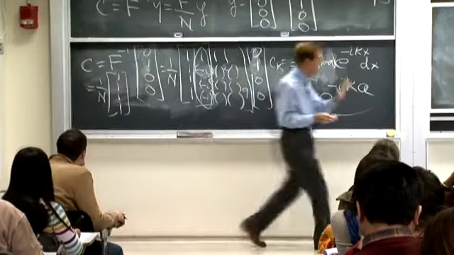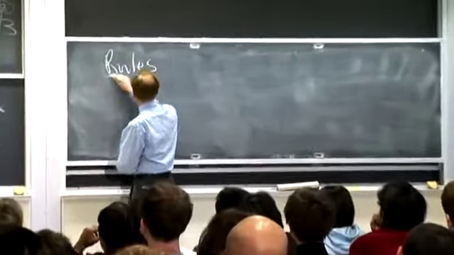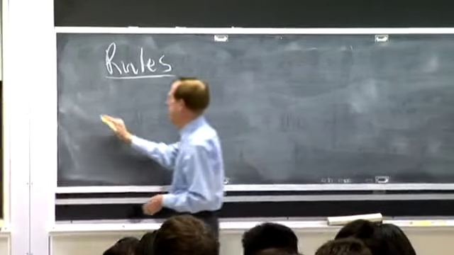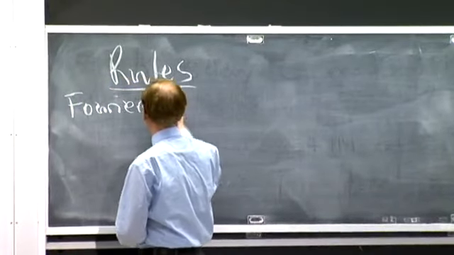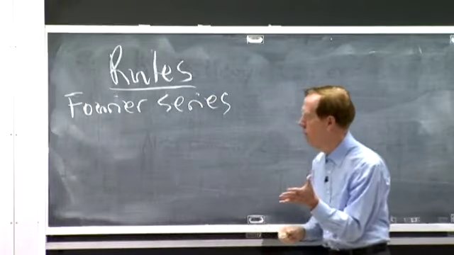So this is so important. These are rules for Fourier series. Let's just make this a quick review. What were the important rules?